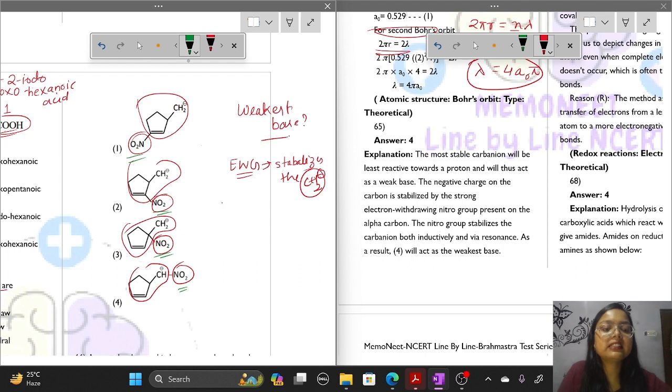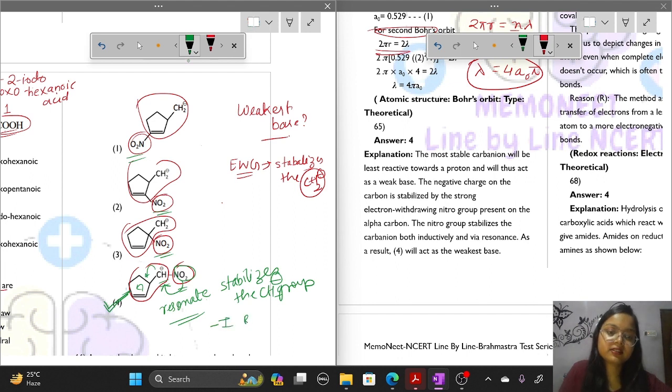So what happens now? The correct option will be, according to me, option number 4. Why? Because the nitro group attached to the CH will create a resonance type structure, so the whole molecule will resonate. It will also stabilize the CH minus group by inductive effect.